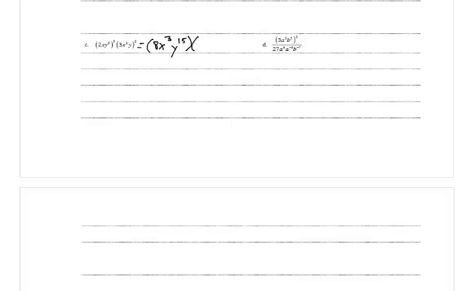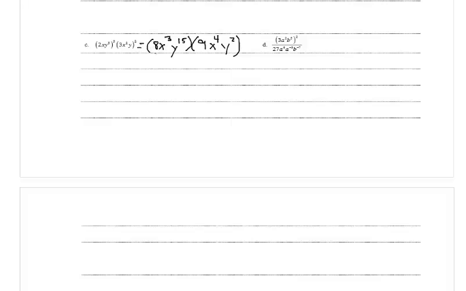Times, we have 3 squared is 9. X squared squared is x to the fourth. And y squared. And now, we can multiply together all the bases that are the same.